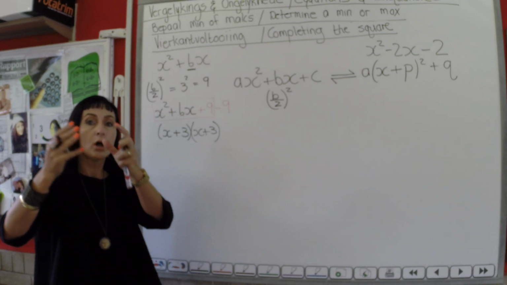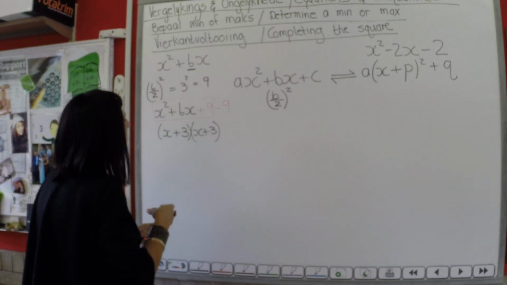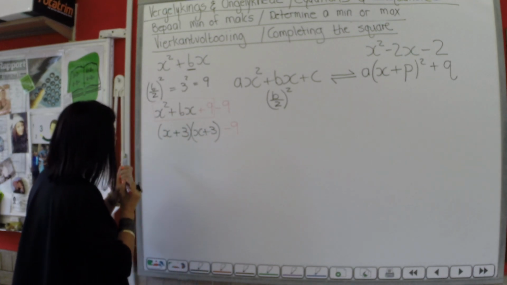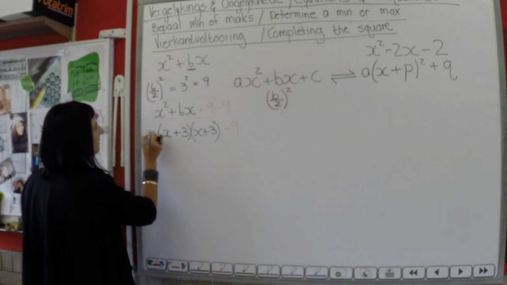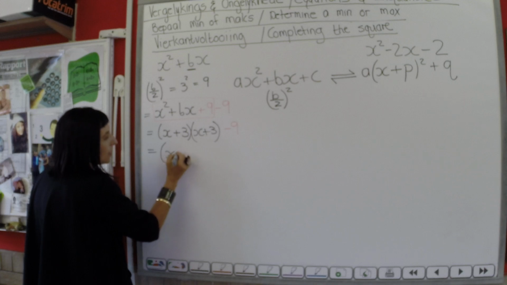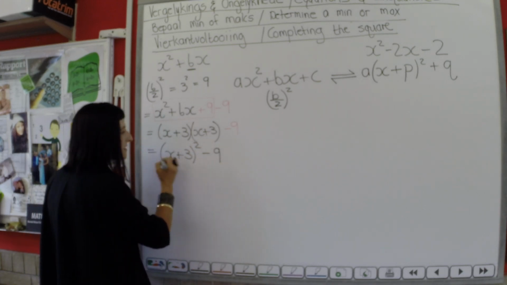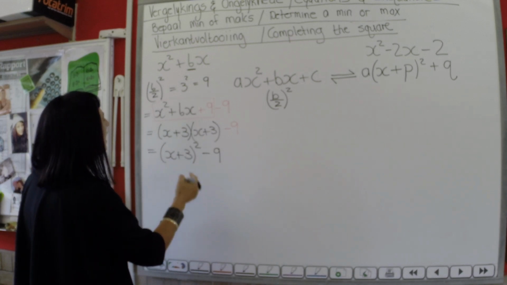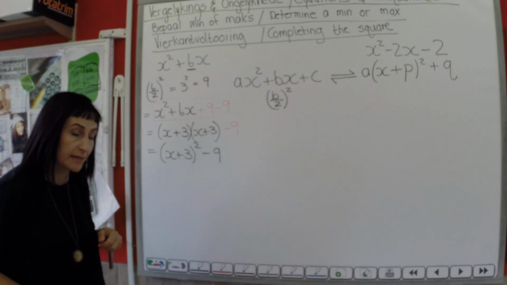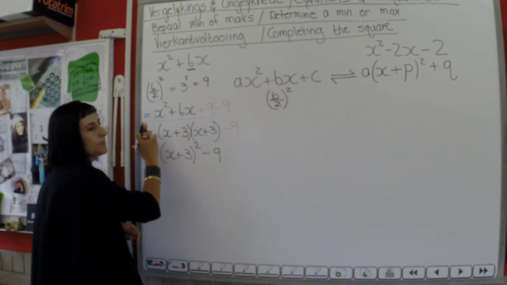Want iets maal met homself gee vir my 'n kwadraat. And then there's only one thing left, the minus 9. So if I rewrite this, it's a square, so I completed the square, minus 9. Nou as ek hierdie gaan uitvul en vul, gaan ek weer terugkom daar. It's going to be exactly the same thing, but now I can say the A value is positive 1.